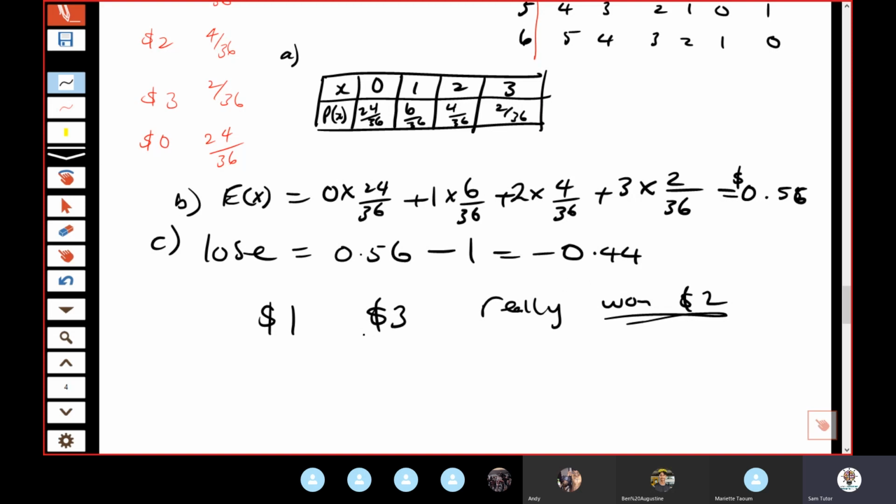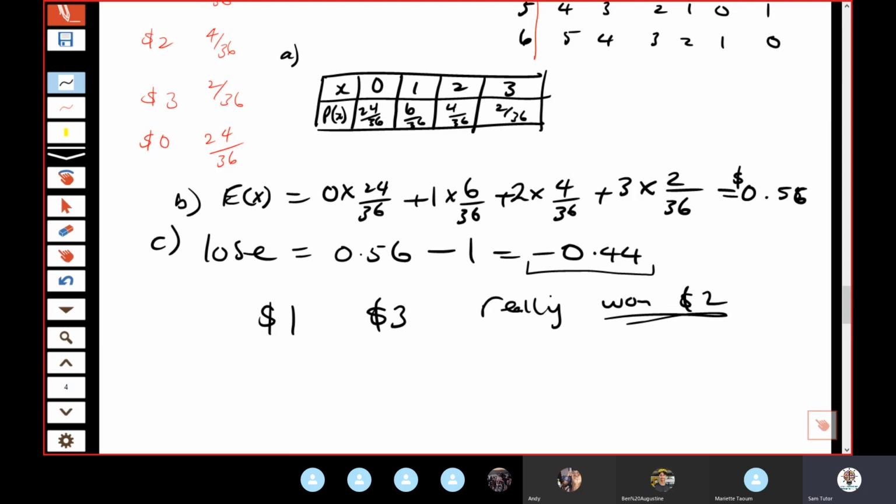And then if you keep playing, you will eventually be at a loss of 44 cents if it's only $1. So you're losing pretty much all the time.